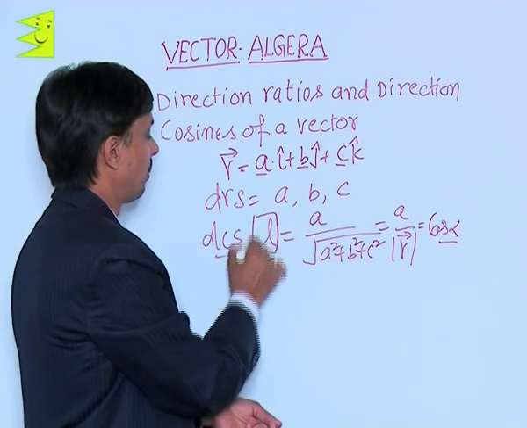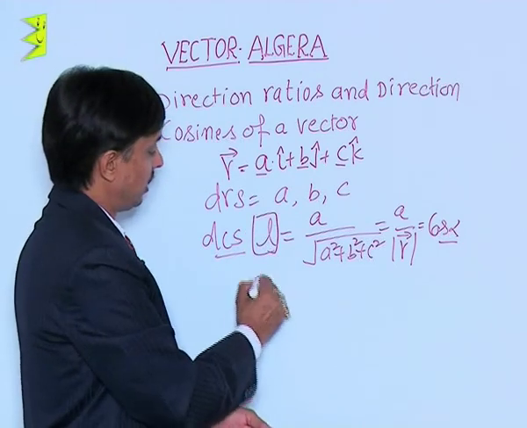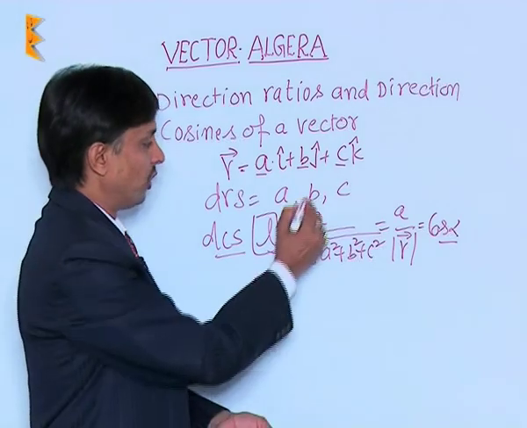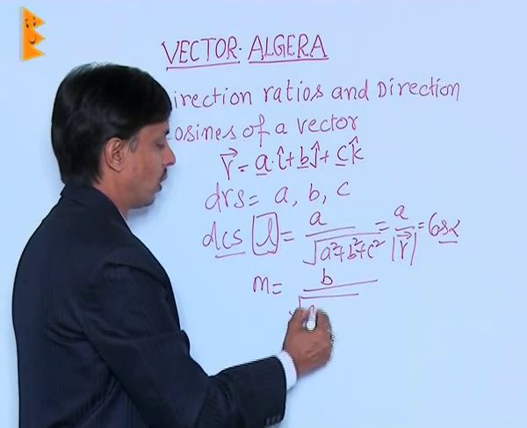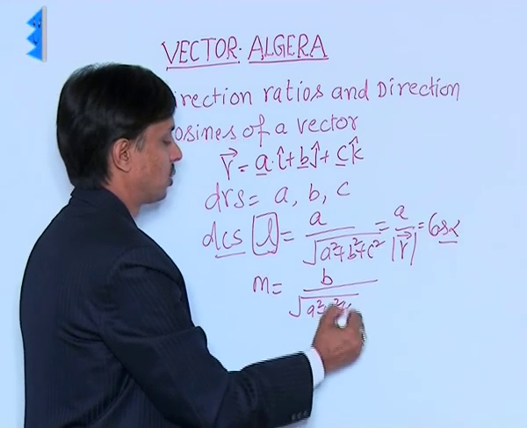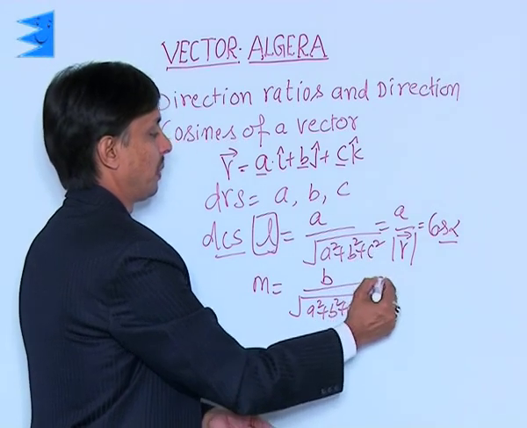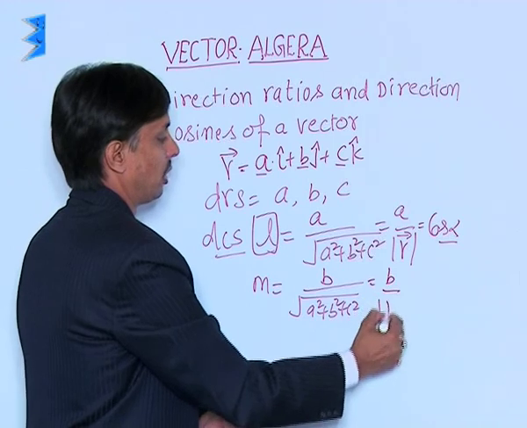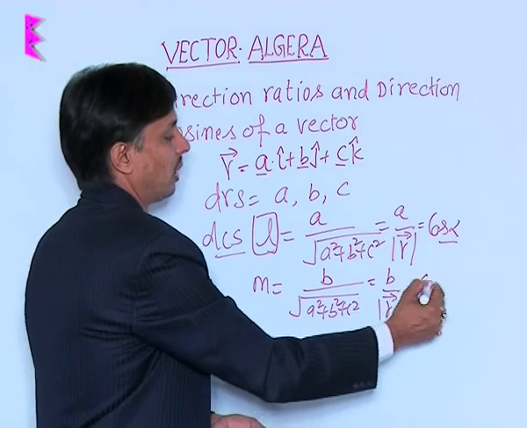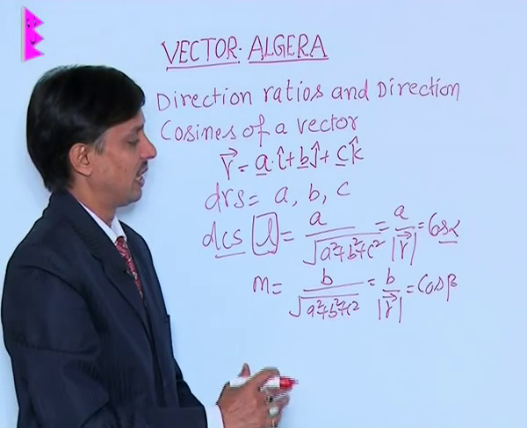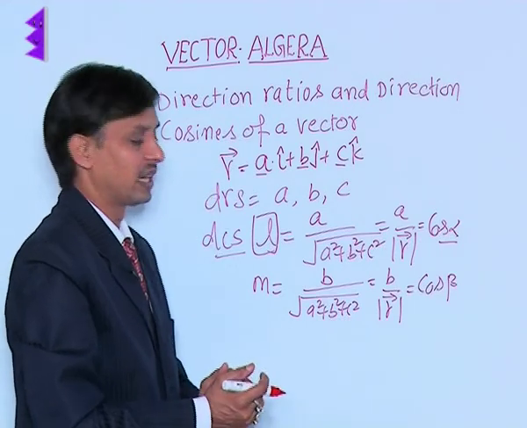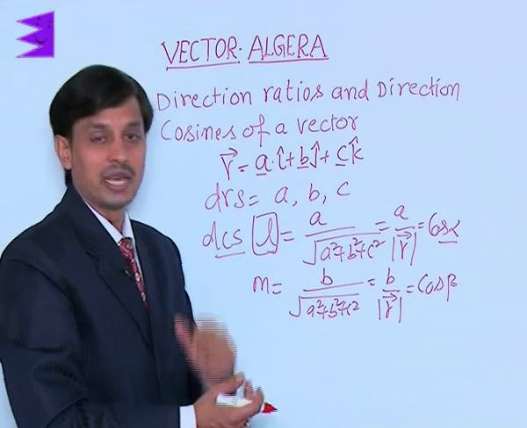The first DC is l, the second DC is m, related to the second DR B, given by B divided by root of A square plus B square plus C square, or B upon magnitude of vector R, and given by cos beta, where beta is the angle made by vector R or vector AB with the y-axis.